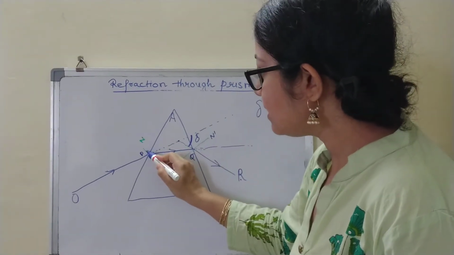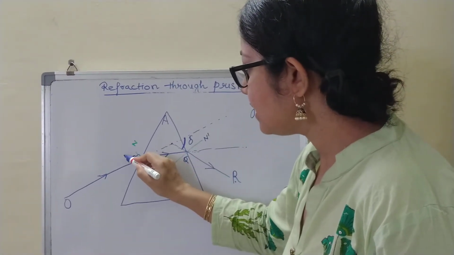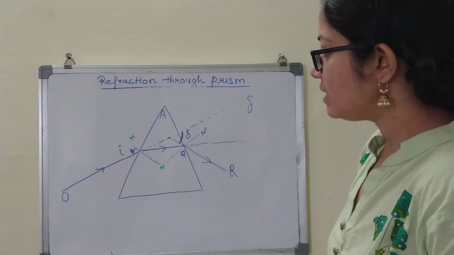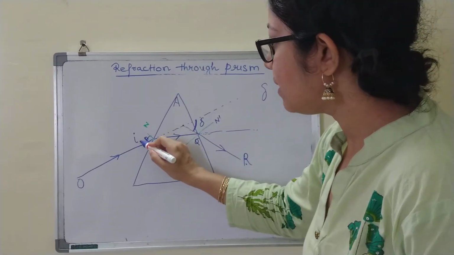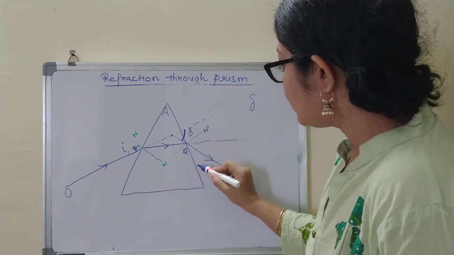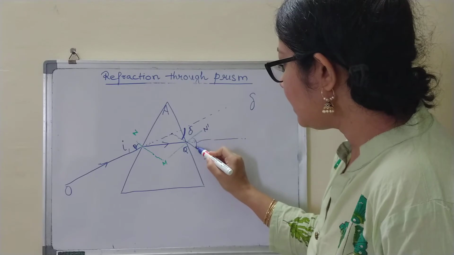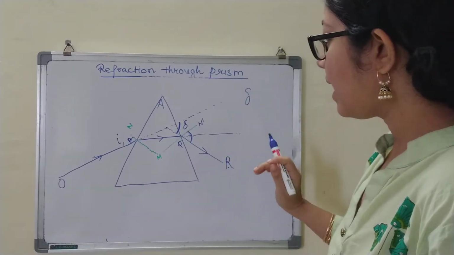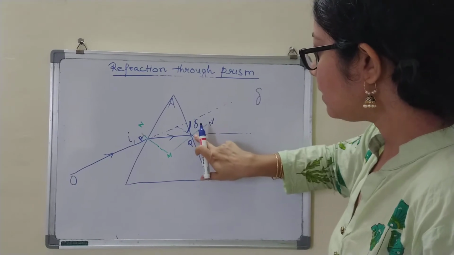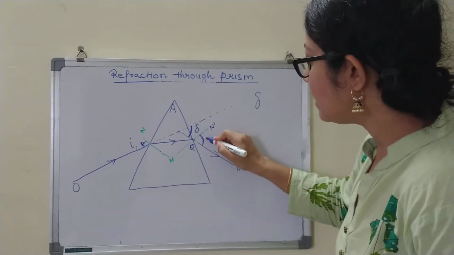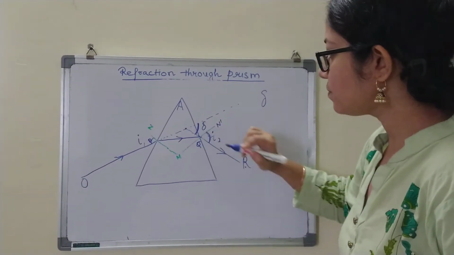Now this angle that it makes is the angle of incidence, and I name it I1. Now, what is this one? This is the angle of emergence, with the normal. This angle of emergence I name as I2.